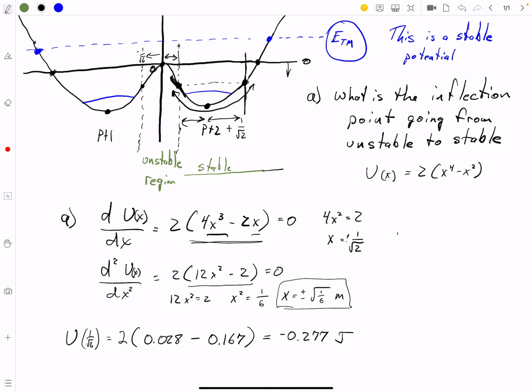Okay, so we've got minus 0.277 joules. What other places give us minus 0.277 joules? We have to solve that for minus 0.277 joules.